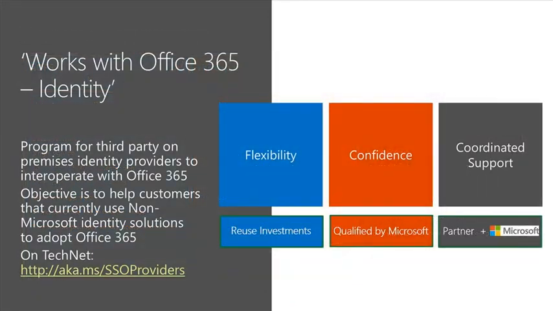So let's look at the Works with Office 365 program. It's intended to give Microsoft customers the confidence to be able to use a third-party identity provider. It does include coordinated support. Our support teams have contact details for the support teams at these third parties.